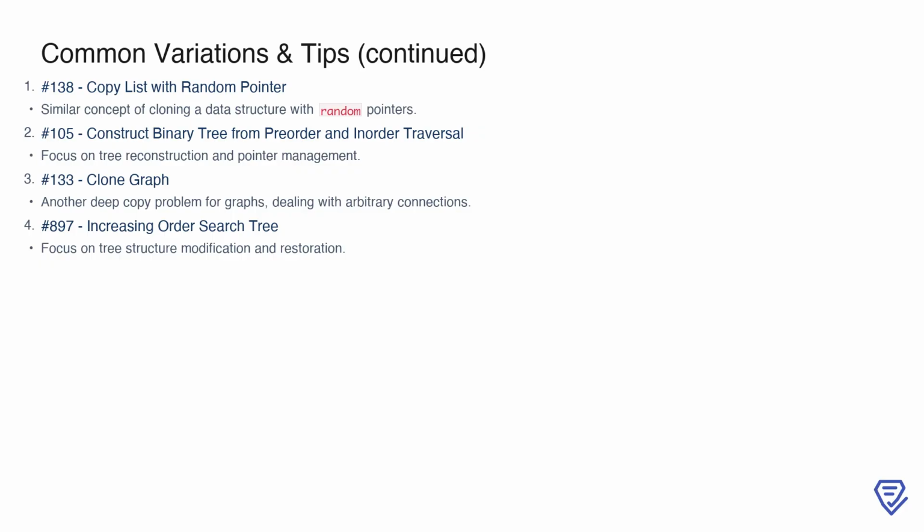Problem number 133, clone graph, deals with deep copying in the context of graphs, where arbitrary connections can exist between nodes. Lastly, problem number 897, increasing order search tree, emphasizes modifying and restoring the structure of a binary tree. Exploring these problems can provide you with valuable patterns and techniques that are applicable here.